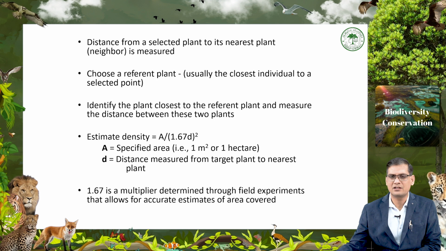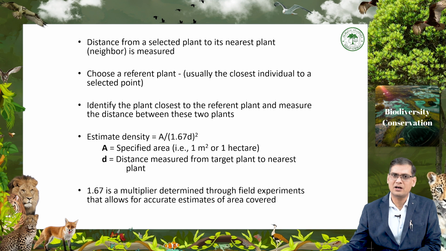After reaching the sampling point, first choose a reference plant, usually the closest individual to a selected point. Identify the plant closest to the reference plant and measure the distance between these two plants.